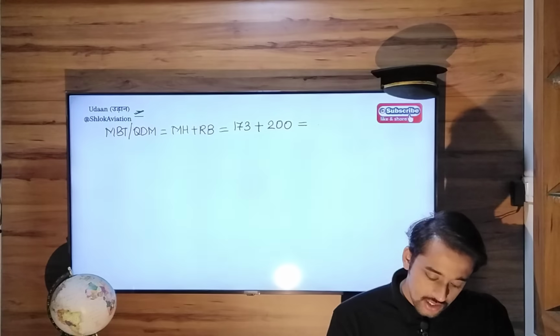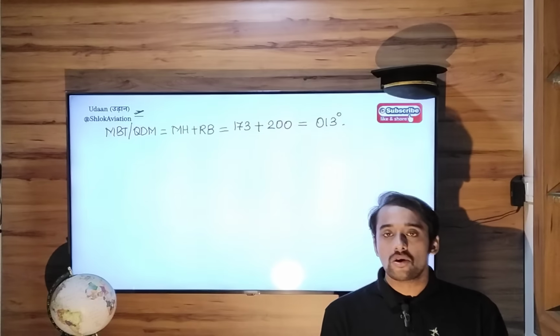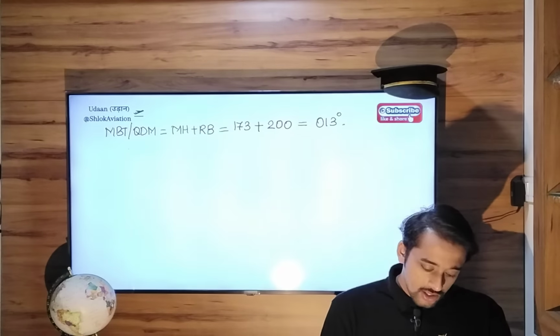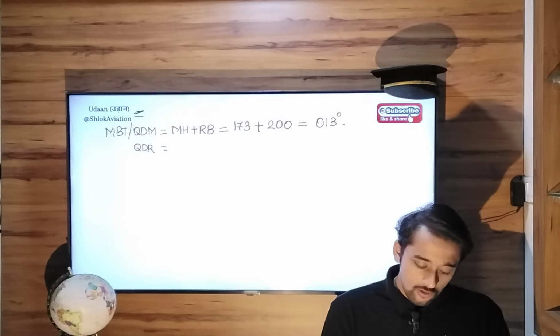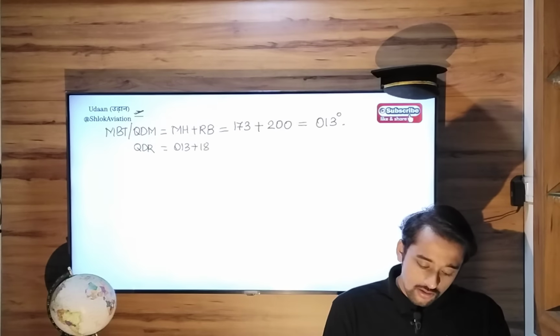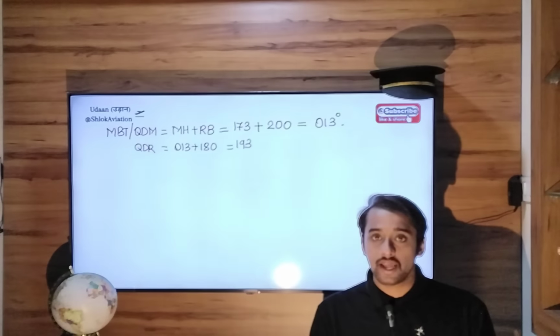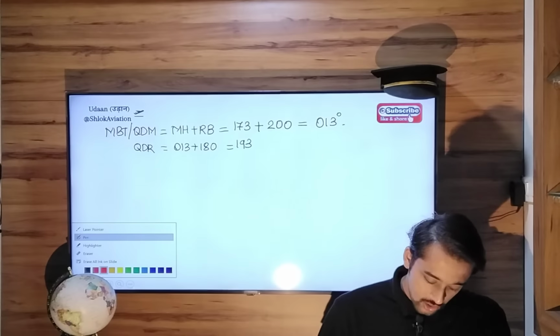So that becomes 013. If the value is more than 360, subtract 360 from that. So if QDM is 013, QDR will be 013 plus 180, which is 193. So QDR is the radial on which your aircraft is situated.